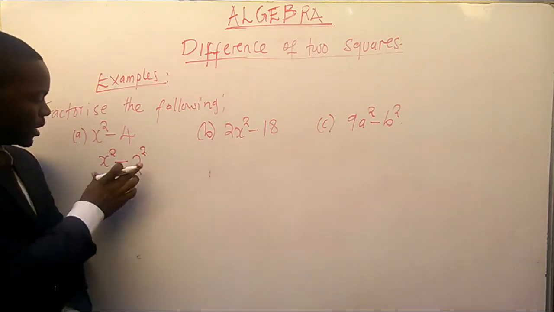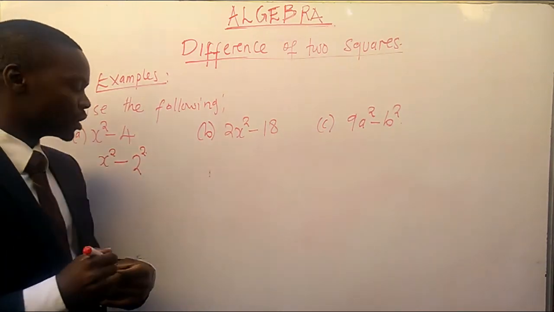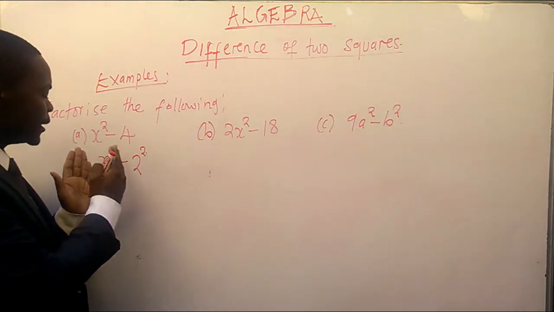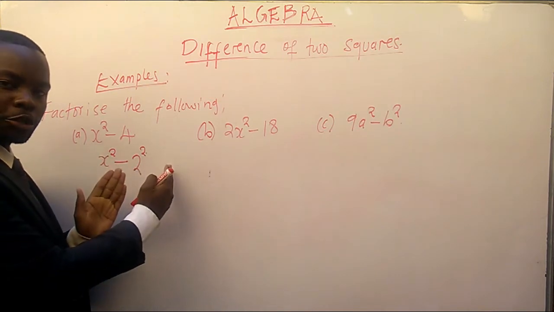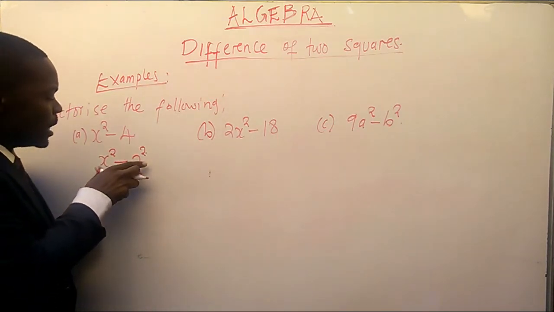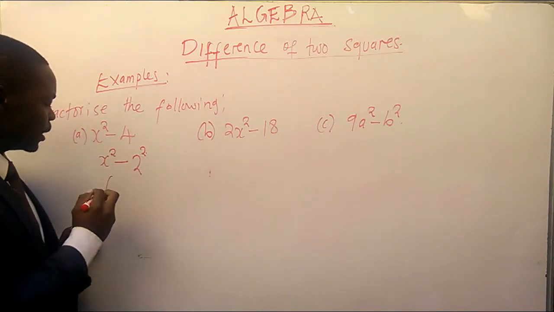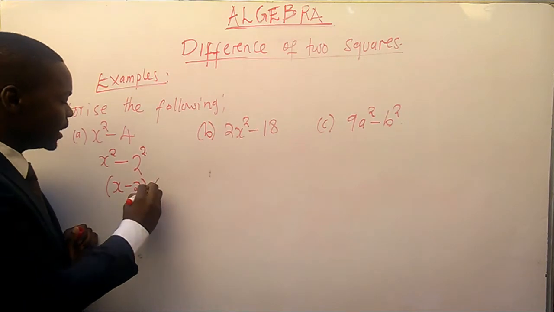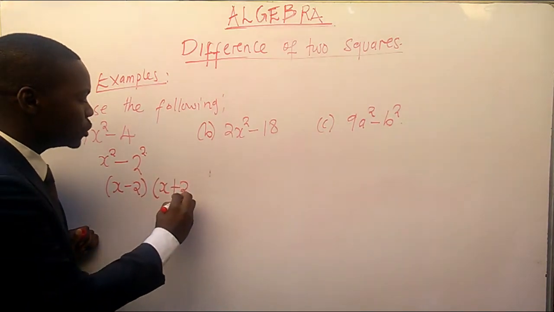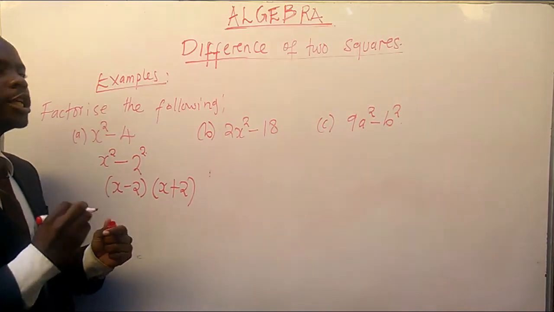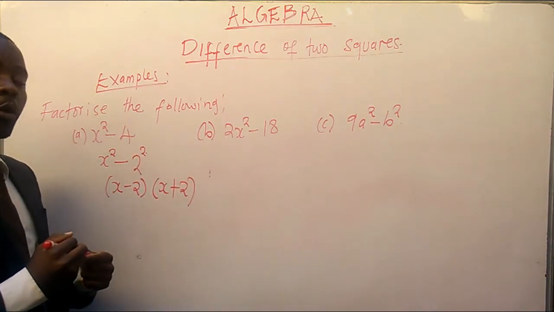As you can see, in this algebraic expression each and every term is raised to power 2. Thereafter, we say that if they are in this form, then we can conclude that we have x minus 2 and then x plus 2. A very, very simple way of factorizing using the difference of two squares.